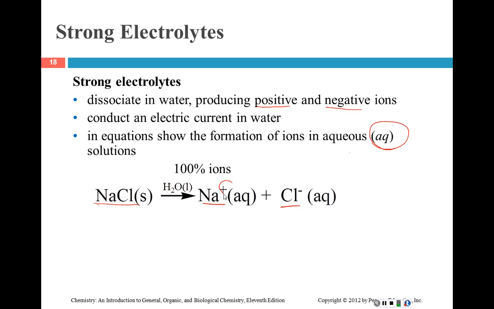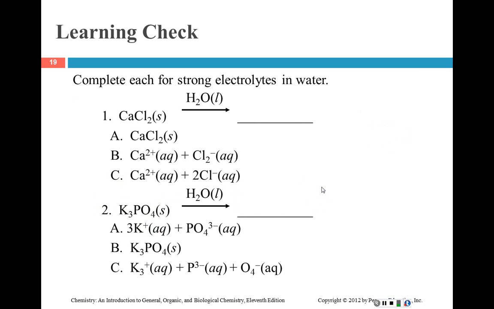Now they are sodium ion and chloride ion, and we use the (aq) to show that we have dissolved this solid in water. Notice that the arrow here goes one way, and that means that it has dissociated this and removed the sodium and the chlorine from each other, and so now you have sodium ions and chloride ions, and they're not going to go back.